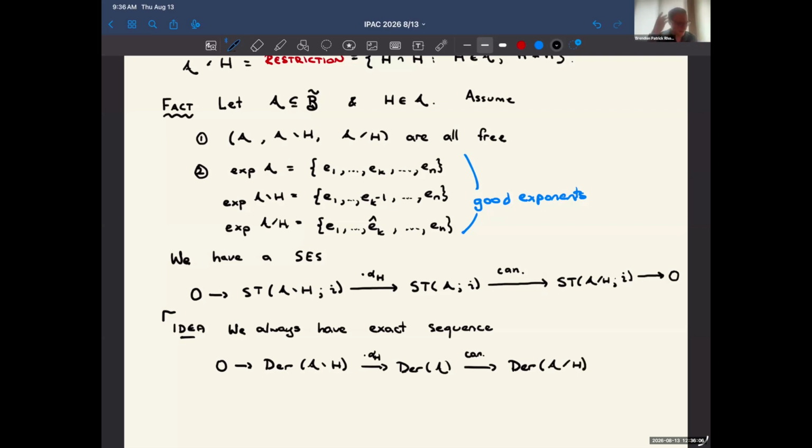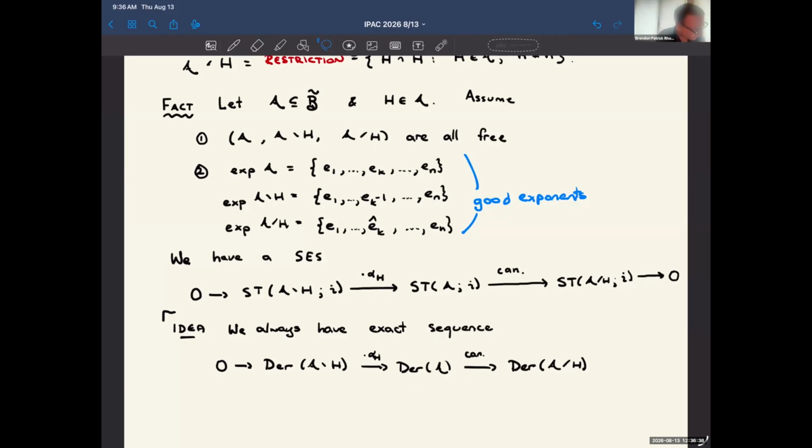This isn't actually all that mysterious. What's this first map? It's taking your vector field with i hat, j hat, k hat and multiplying by a non-zero linear form. And that's injective, since multiplying by a non-zero element in the polynomial ring is injective. The composition of these two maps, why is that zero? If I multiply by alpha H, I'm basically saying that my thing has to vanish on the hyperplane H, correct?